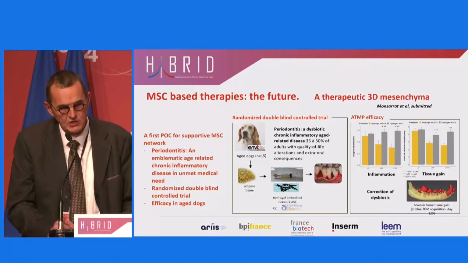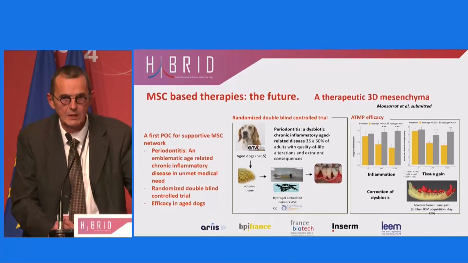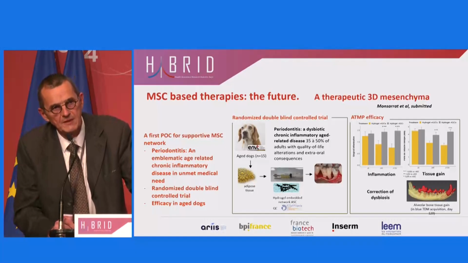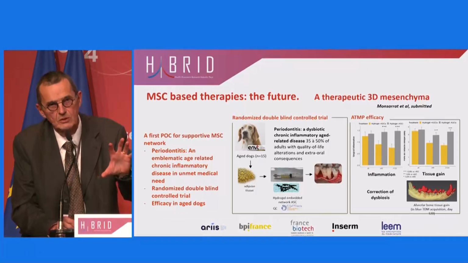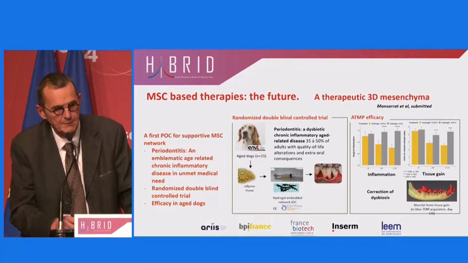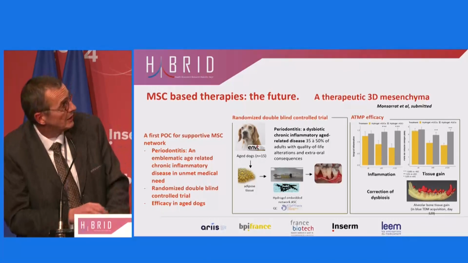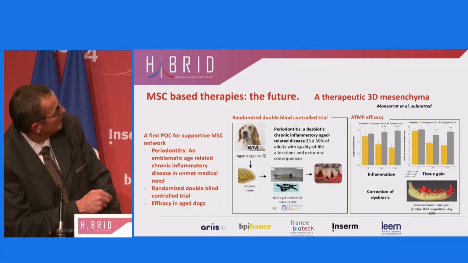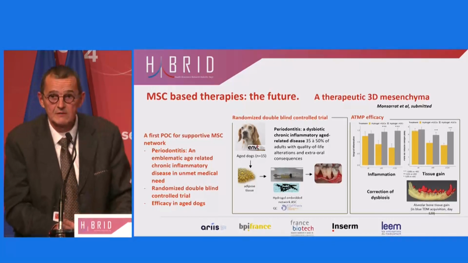And using aged dogs and a strong design, a randomized double-blind controlled trial, comparable to a human trial, we were able to demonstrate that if you bring ASC in a network with hydrogel, we are able to improve inflammation with decreased bleeding. You improve the growth of the tissue, and even you correct the dysbiosis.